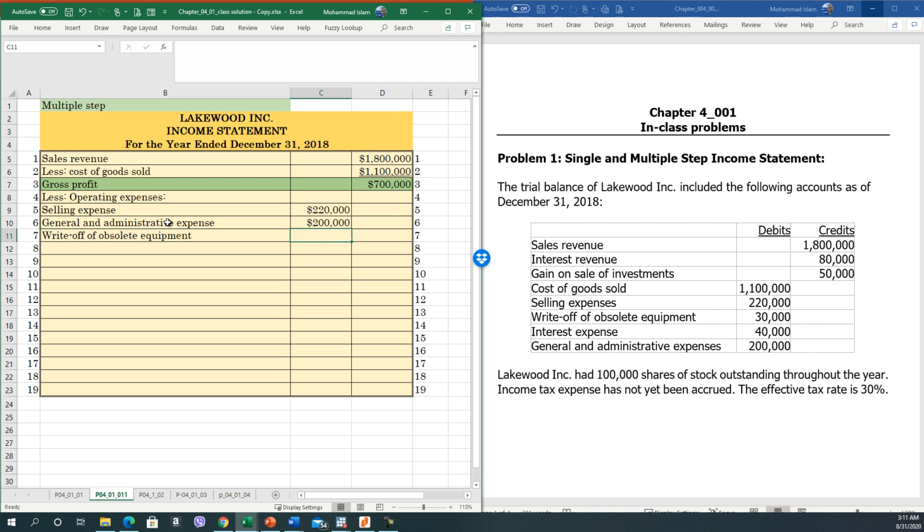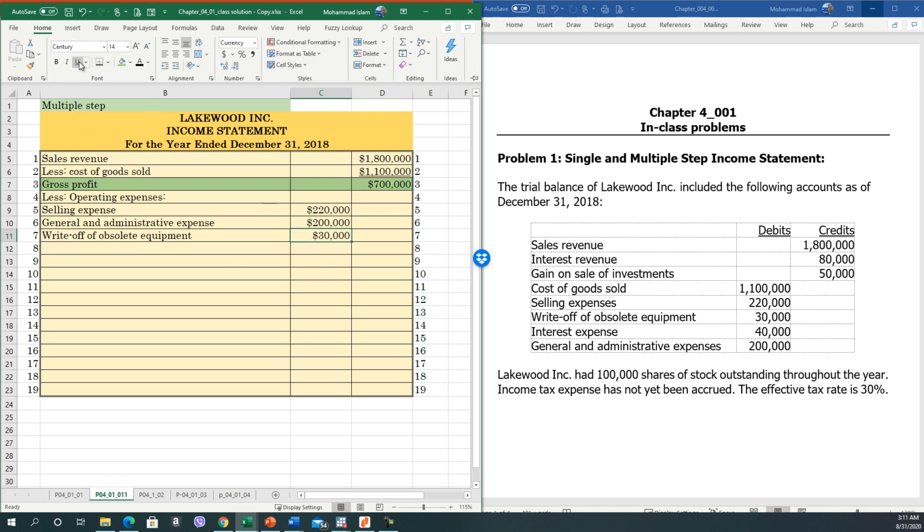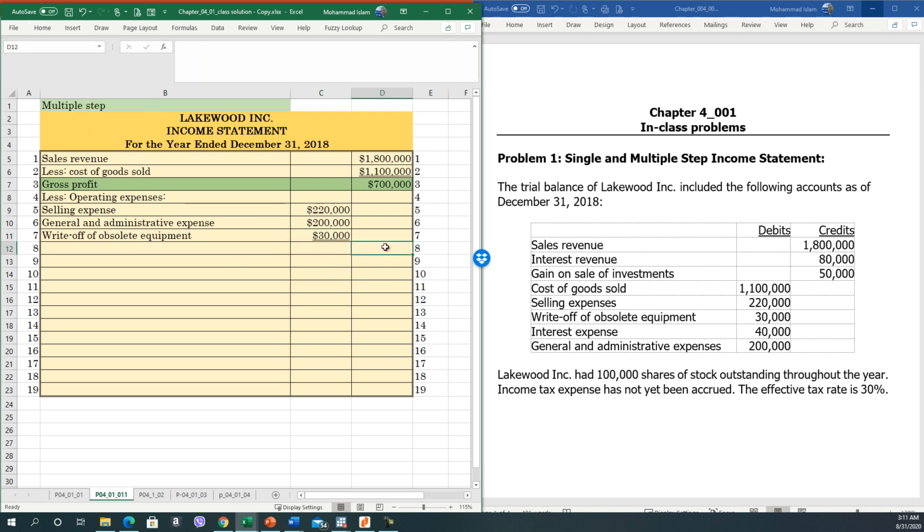The obsolete equipment is 30,000. Underline this one, and it should be equal to this one plus this plus this, so 450,000. So total operating expenses is 450,000.